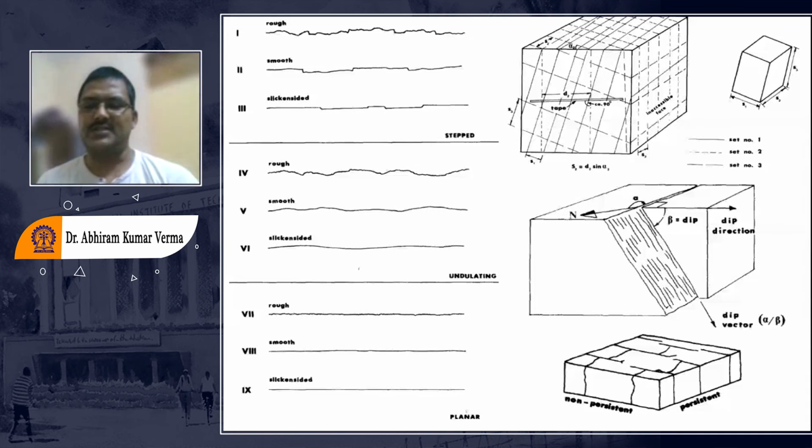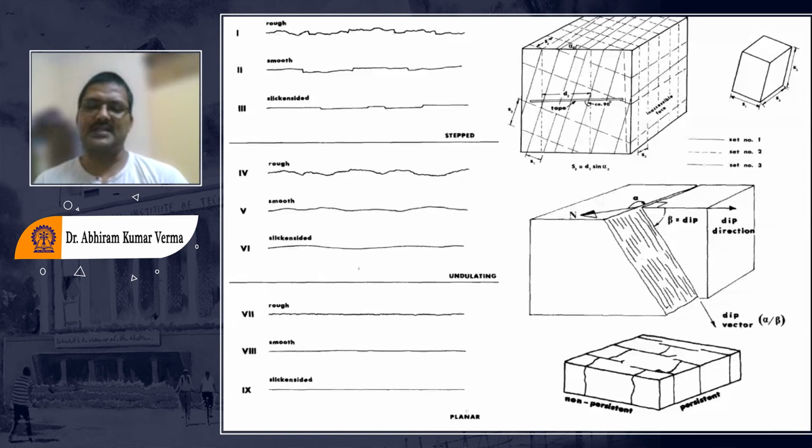In this case, you will find a particular joint, which is shown over here. I am interested to find out up to what extent it is going into the rock mass. That is defining the persistency of the joint. If it is more and more persistent, it will destabilize the rock mass to a larger extent.